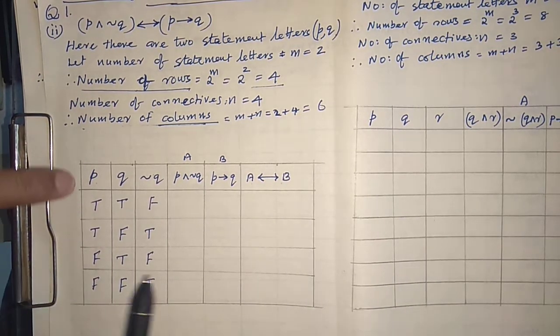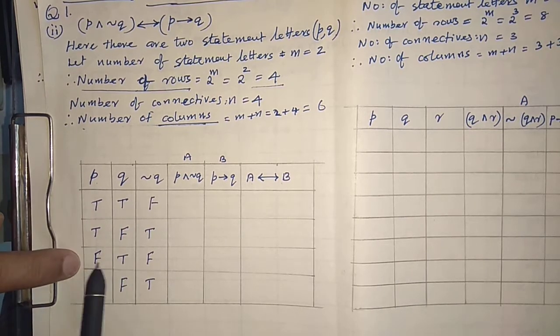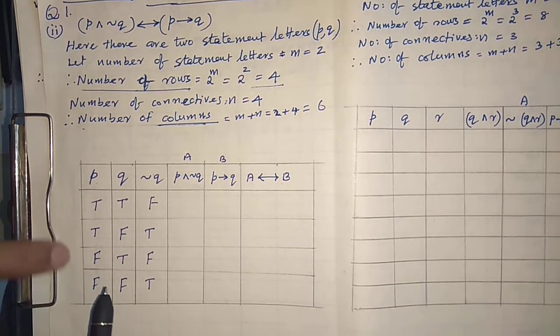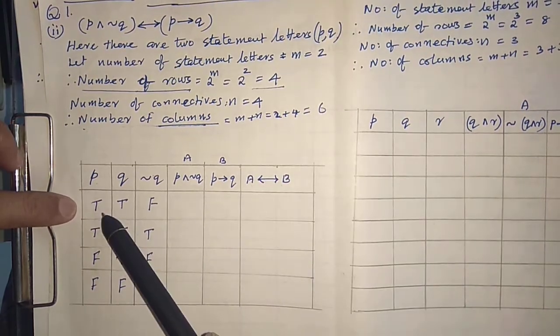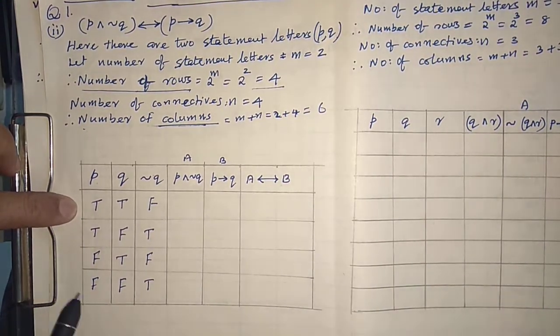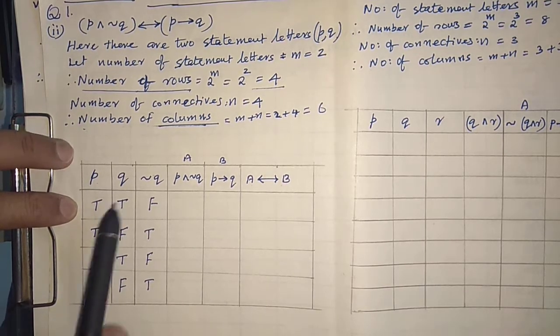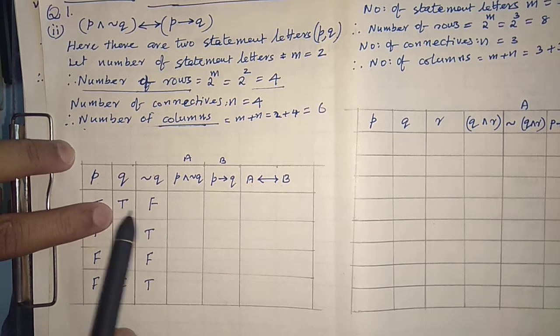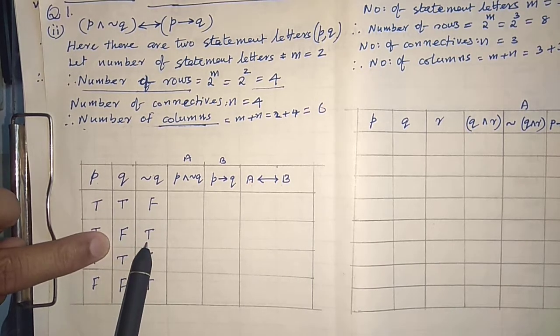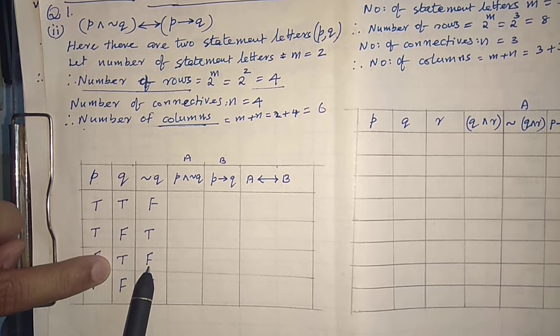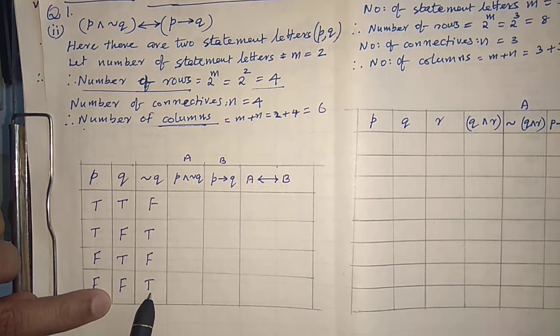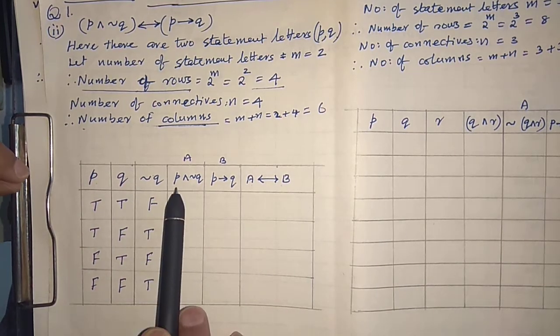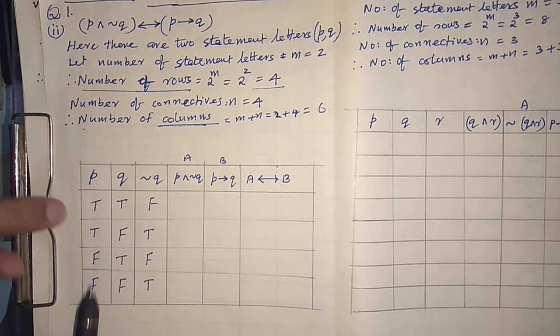P takes values T, T, F, F. Q takes T, F, T, F. Negation Q means the opposite truth values: F, T, F, T.